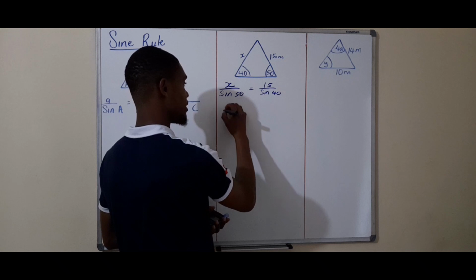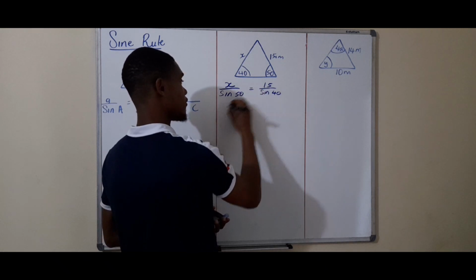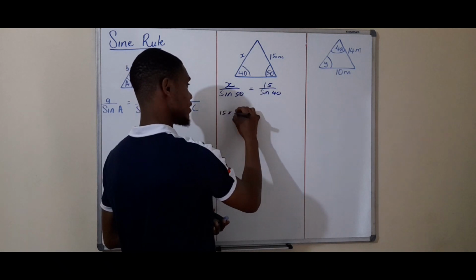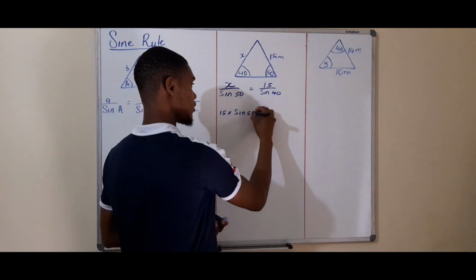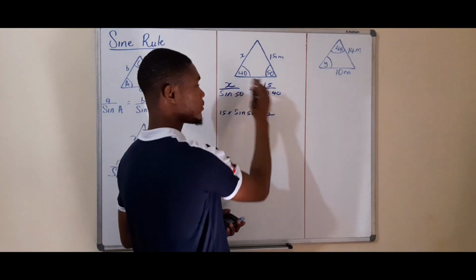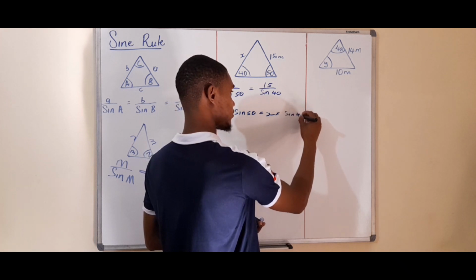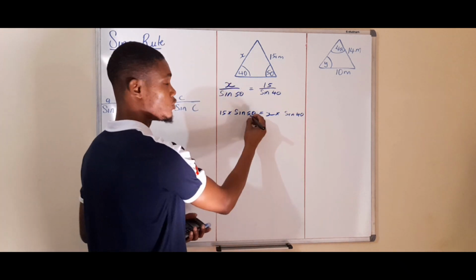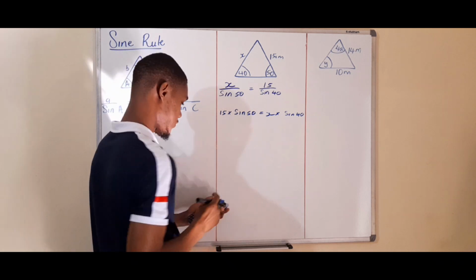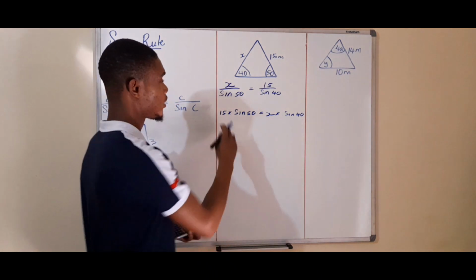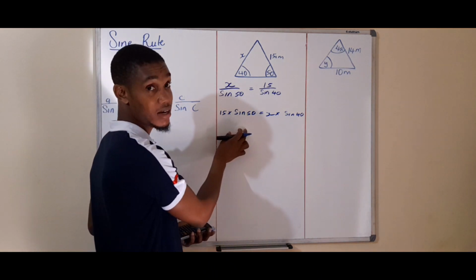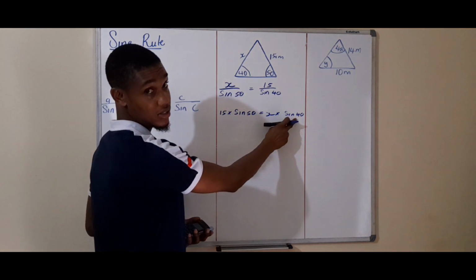So it would technically be read as 15 times sine 50 is equal to the variable times the sine of the next part. Then you work this part out, get that value and divide it by this.